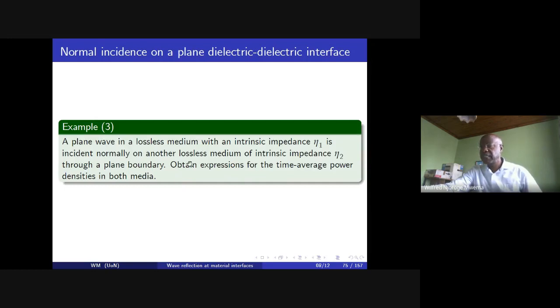You are expected to first find the fields E1 and H1, as well as ET and HT in the second medium. So everything that you have learned in electrodynamics is involved in this particular example.